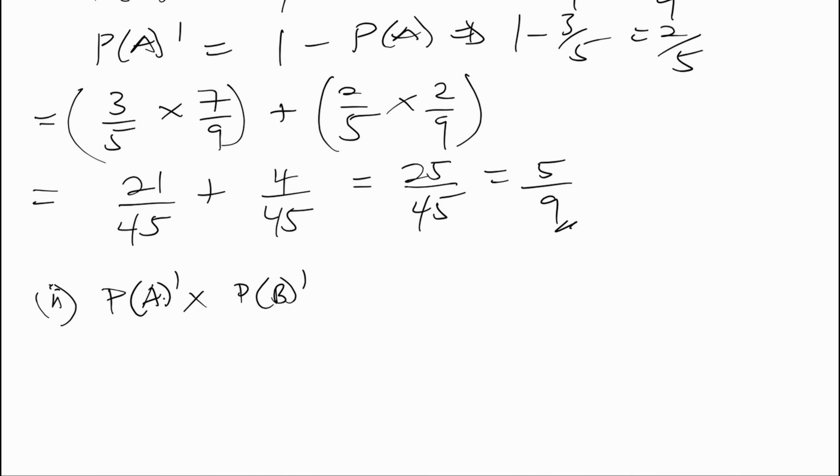So P(A) complement is 2/5 times P(B) complement is 7/9. So this should give us 14/45. So this brings us to the end of question 9 of the 2021 Core Maths WASSCE theory questions.